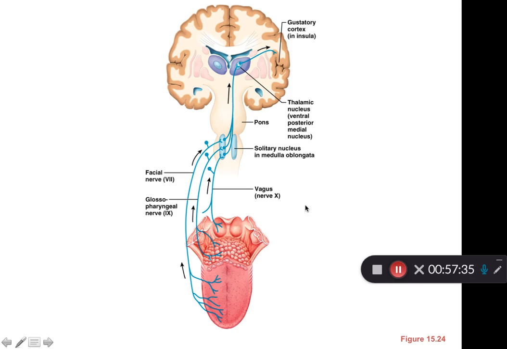This is the reflex circle for the salivary secretion.